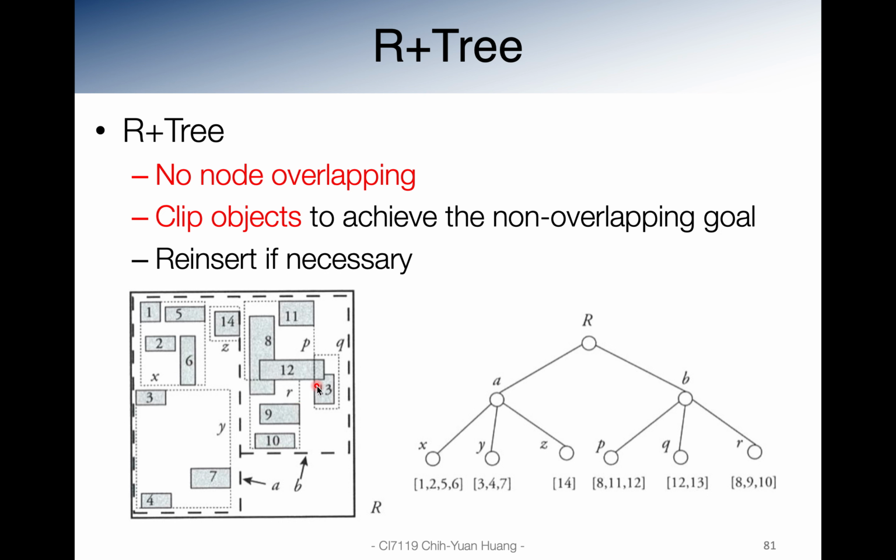So how exactly does the R plus tree work? As you can see for the Q node, this is the directory rectangle of the Q node. It actually clips the rectangle 12 into two parts. The small portion over here is grouped with the rectangle 13 and becomes the Q node.